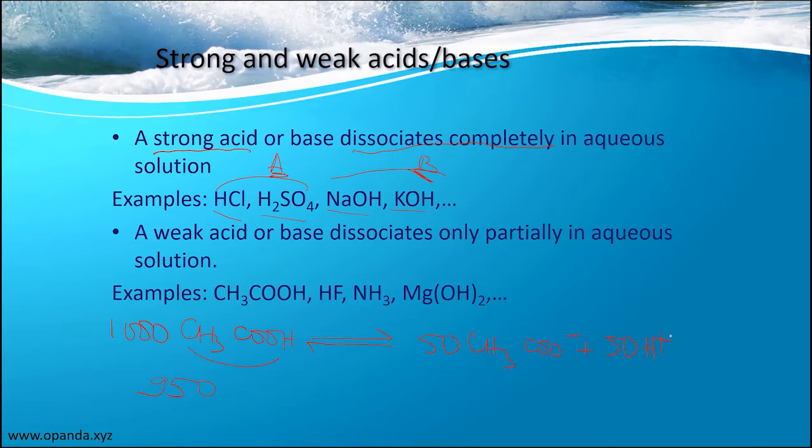But for the strong acids and bases, there is a complete dissociation. You use 1,000 molecules, and all of the 1,000 molecules will dissociate. But for weak acids and bases, only a small fraction, like this 50, will dissociate. And here we have examples. The first two are acids, and these two are bases.